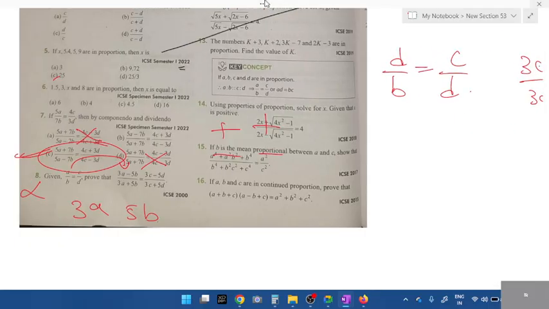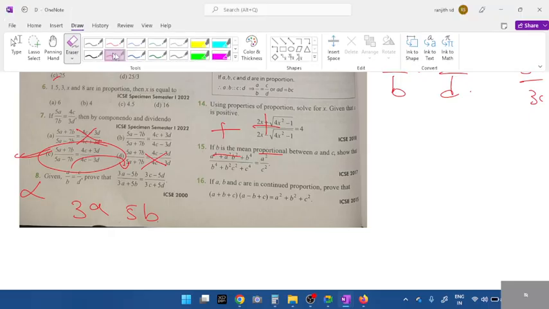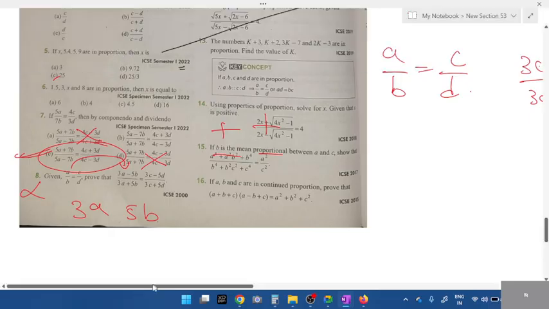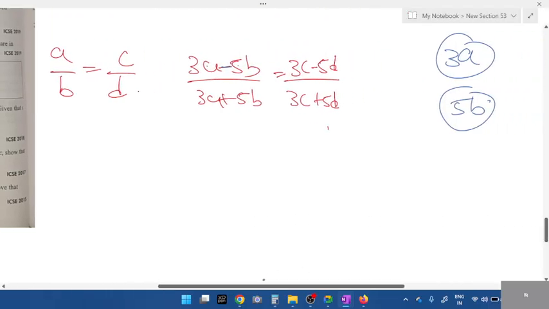I've written the question wrong. A by B is equal to C by D, left hand side. So before starting, let me erase all this.